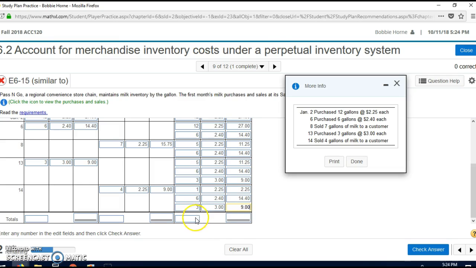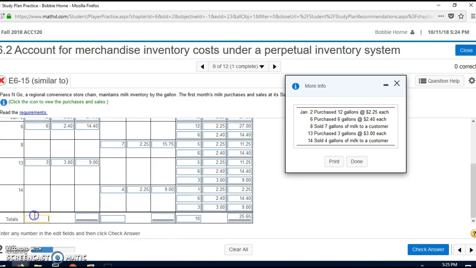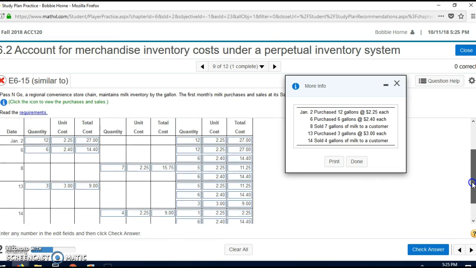Now our ending inventory would be 10 units, and if we add these together, $2.25 plus $14.40 plus $9, that would be $25.65. And then we need to add our total purchases up.